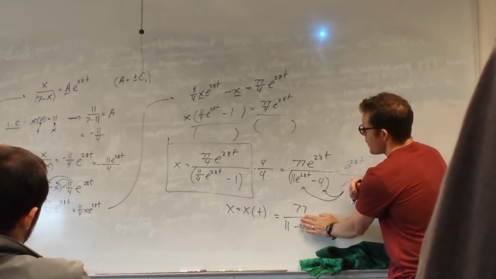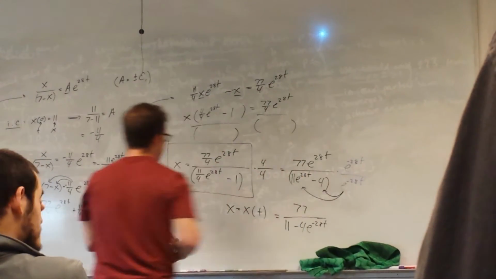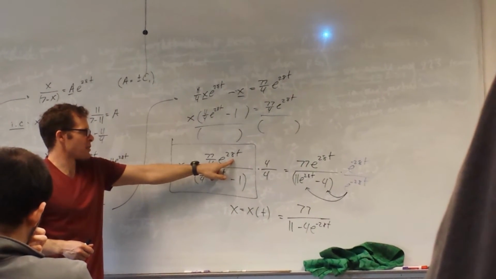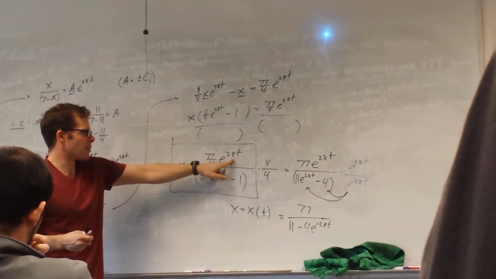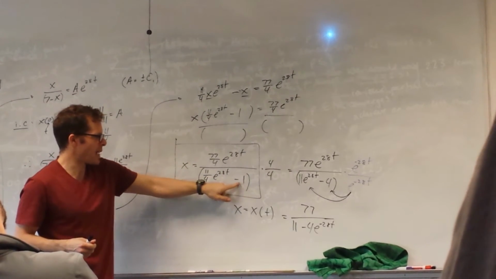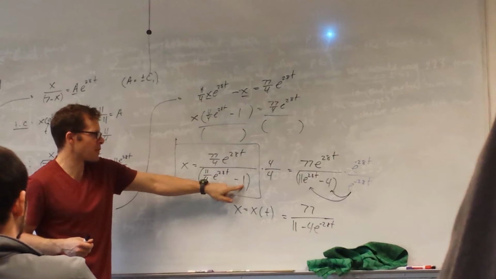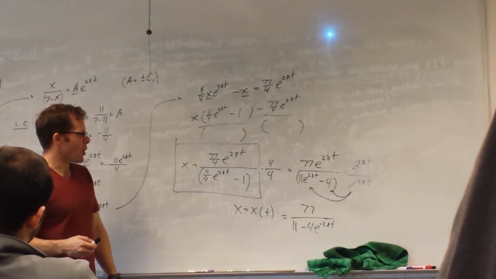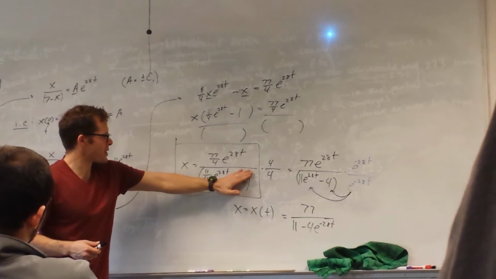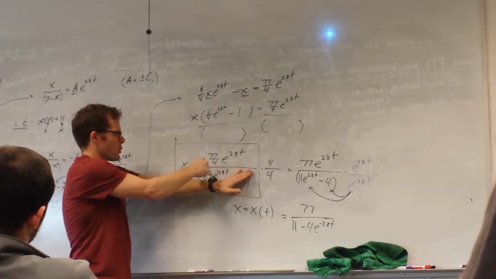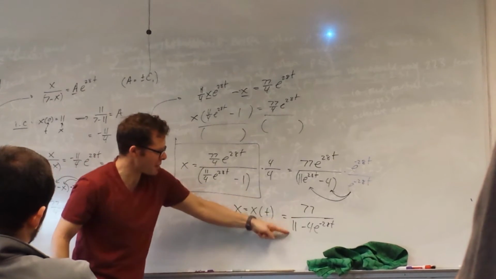You can also see that over here, because e to the 28t is a massive term, but we've got e to the 28t down here, minus 1. That is totally insignificant compared to the magnitude of these two terms. So as t goes to infinity, those cancel out. 77/4 over 11/4, that's just 77/11ths.